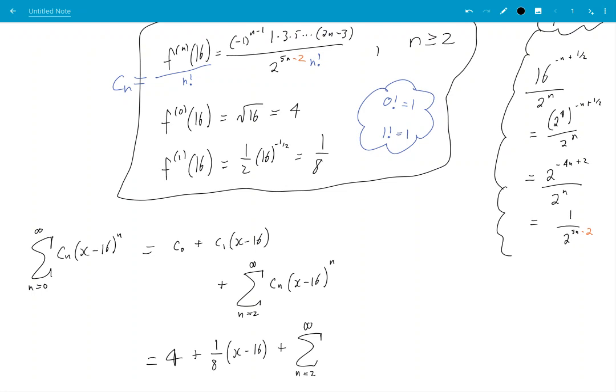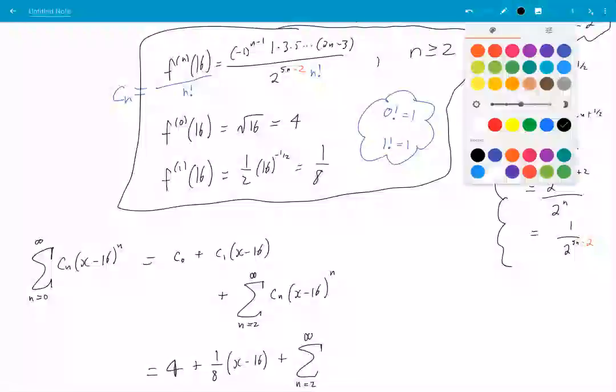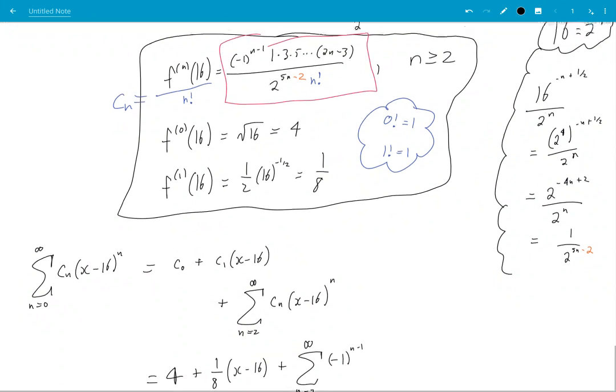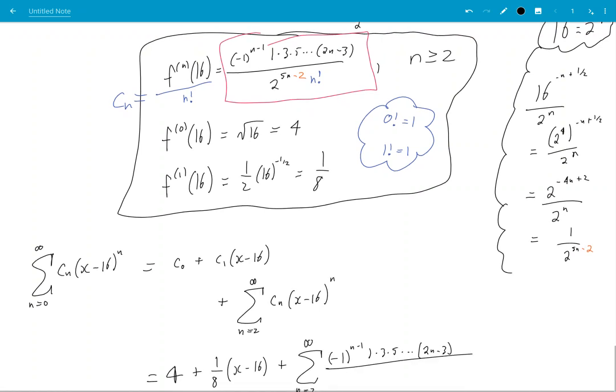My Cn is what I'm going to circle in red right now. This guy. I'm going to copy that down here: 1 times 3 times 5 up to 2n minus 3, divided by 2 to the 5n minus 2 and factorial, and then it's x minus 16.